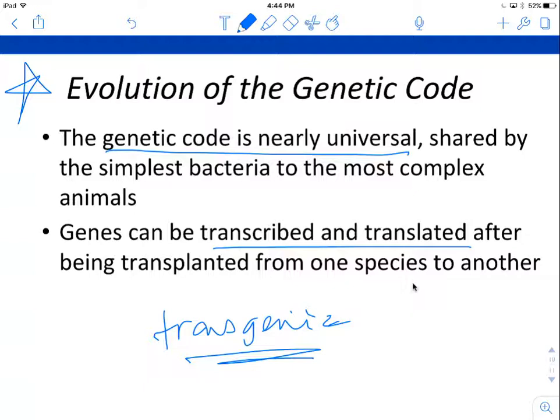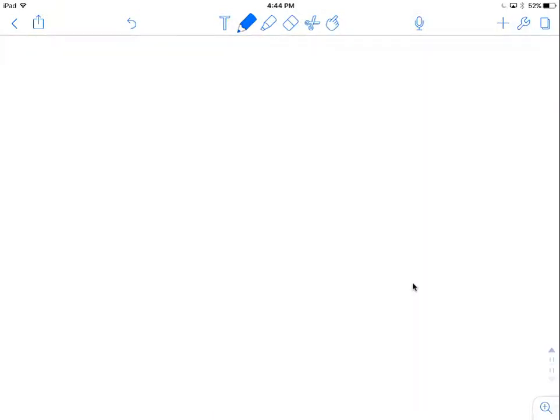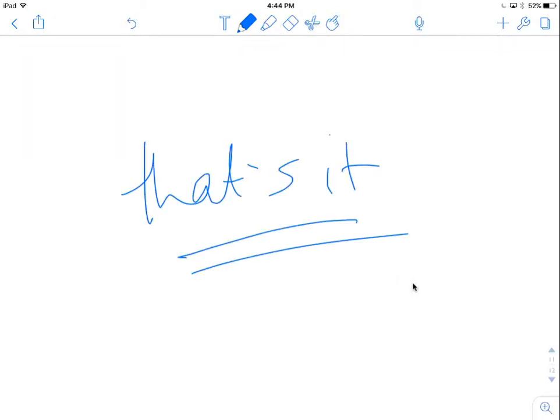It doesn't matter what species it's in. You can just pop a gene in and it's ready to go. So that's a nice evolutionary component for this. And that's it for the genetic code. On to transcription.